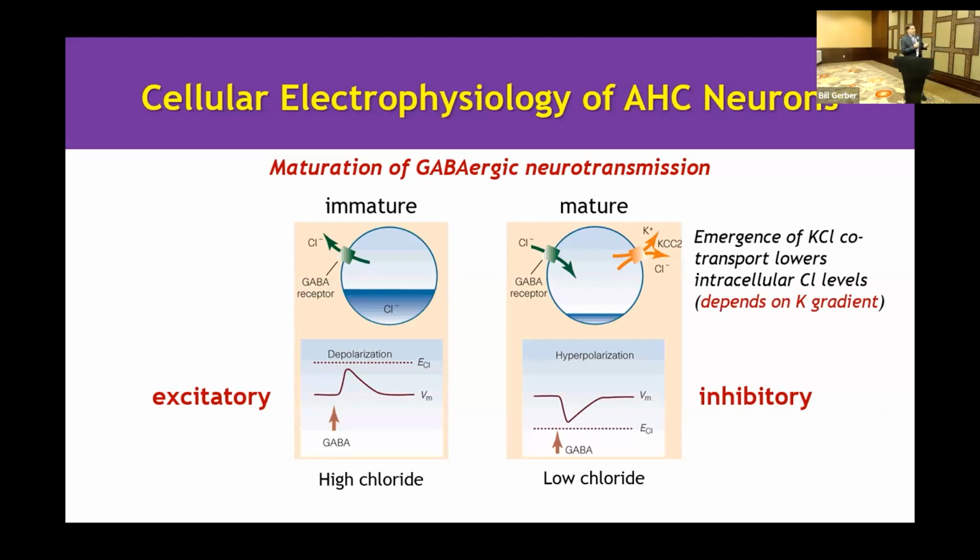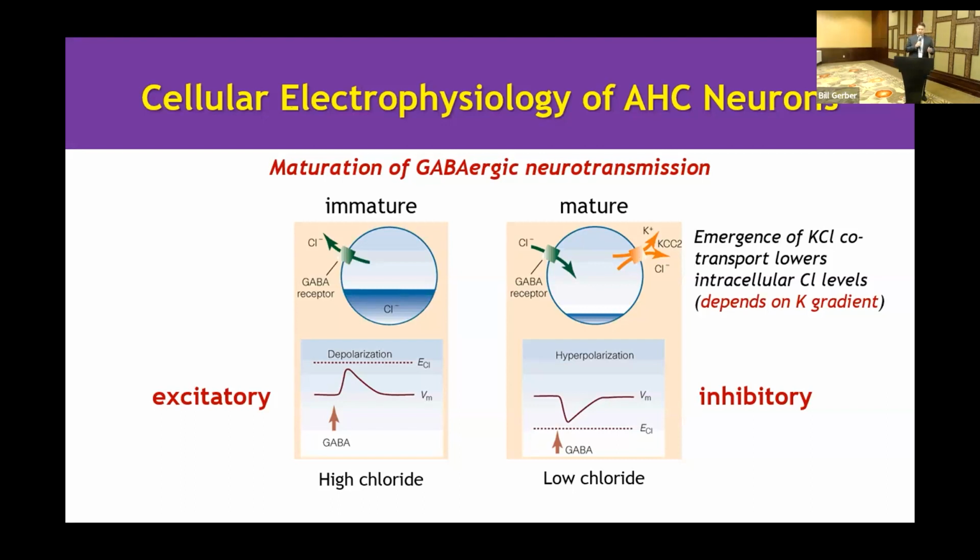And that lowers the intracellular chloride concentration, such that now when you open GABA receptors, chloride doesn't leave the cell, it actually enters the cell because of the concentration difference between outside and inside. And in that setting, GABA is an inhibitory neurotransmitter. So this is often referred to as the GABA switch.